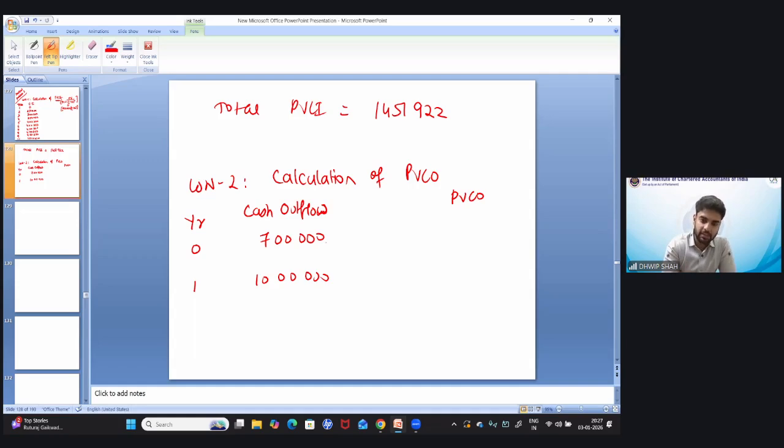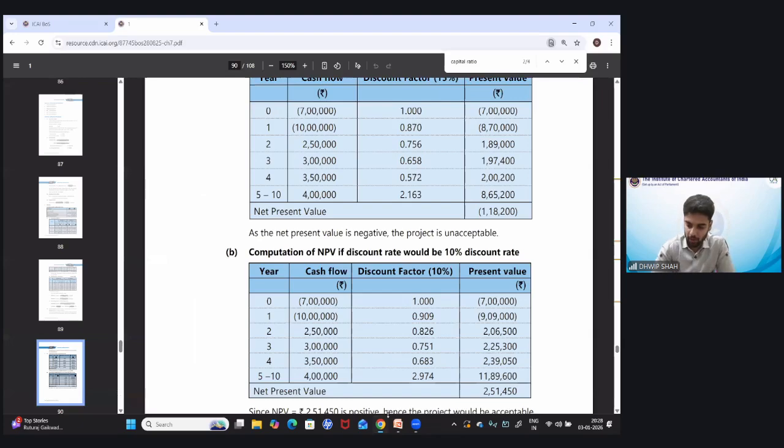But आज के तारीख में 7 लाख incur किया हुआ पैसा will have value of 7 लाख only. No need to discount year 0. But this 10 लाख would be discounted at 15% for year 1. So how much this discounted amount is coming? This discounted amount should come to 8 lakh 70.